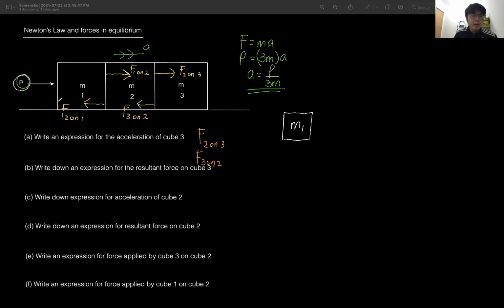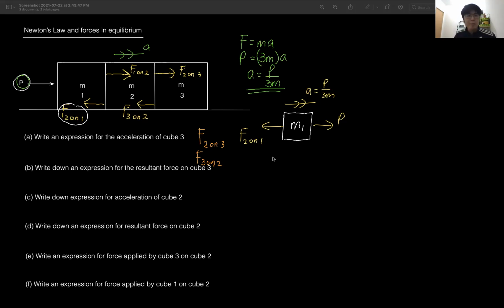P is acting on body 1, and F2 on 1 is also acting on body 1. So I put it in here. We have P, and then another force here, F2 on 1. And I know that this mass is accelerating at P over 3m to the right. That's my first free body diagram.